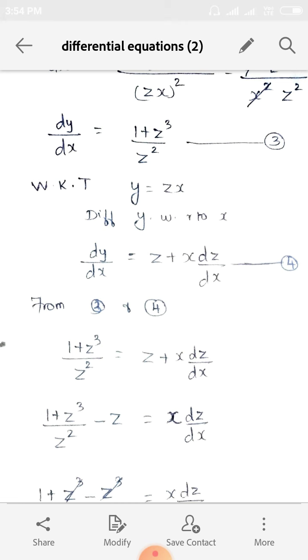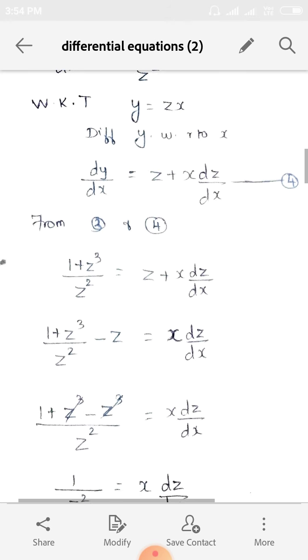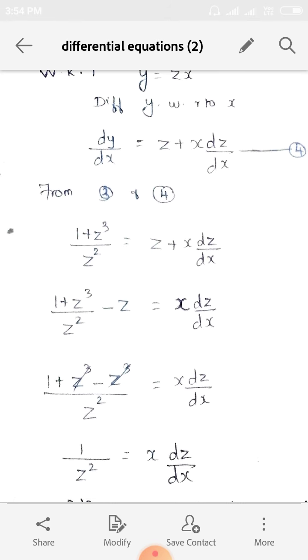Now equating equations 3 and 4, we get (1 + z³)/z² = z + x dz/dx. The next step, take the z to the left hand side, we get minus z. So (1 + z³)/z² − z = x dz/dx.